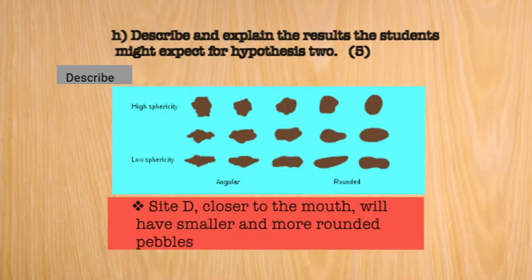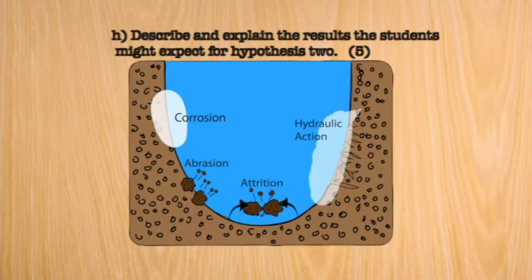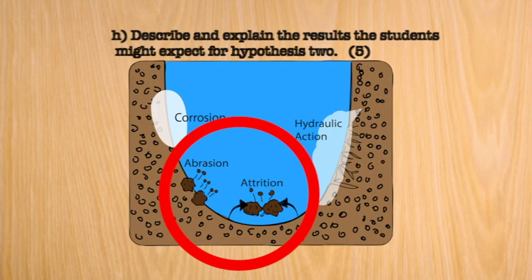Site D closer to the mouth will have smaller and more rounded pebbles. Explains or reasons for the results. As the pebble moves downstream, they are exposed to more attrition and abrasion. It is important to mention the erosional processes specifically instead of just saying they are exposed to more erosion.